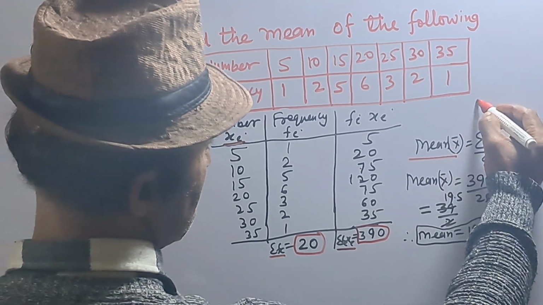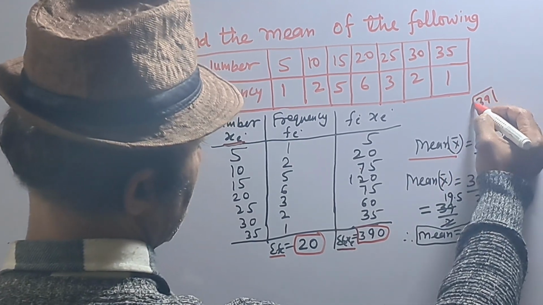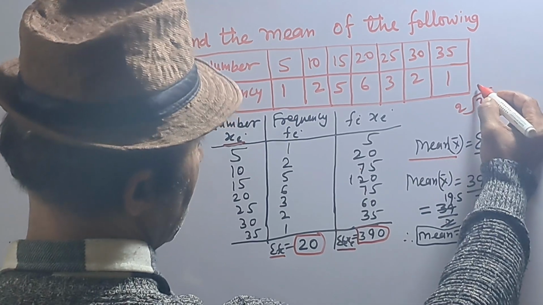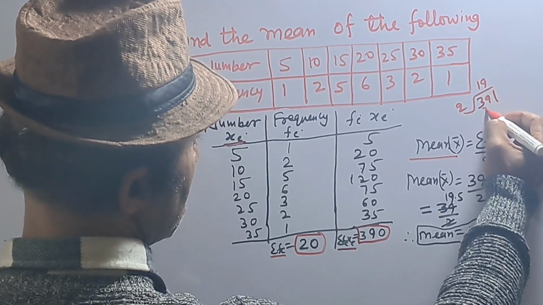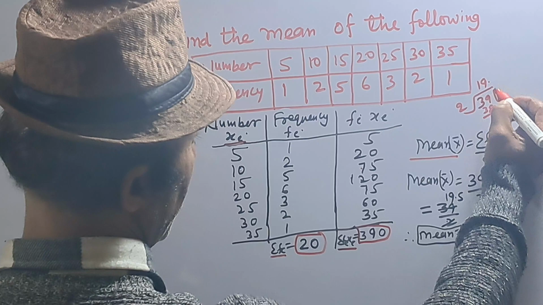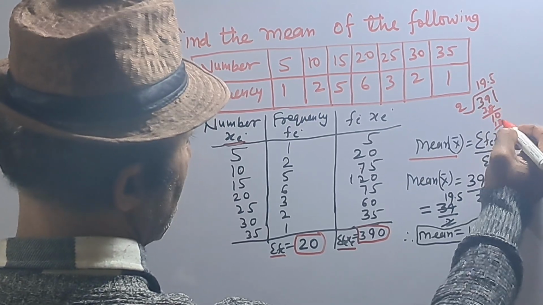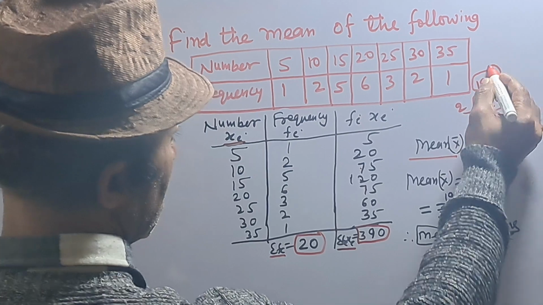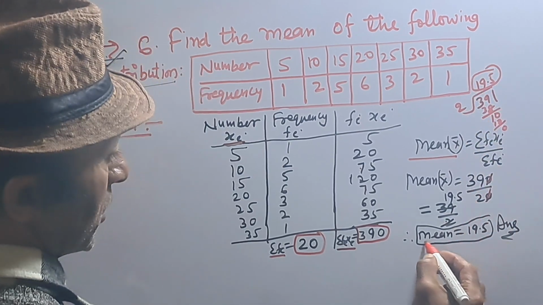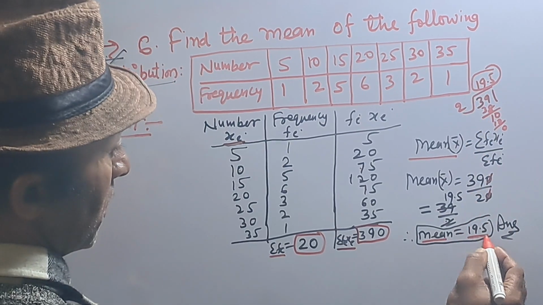So 39 divided by 2. 19 2s are 38. 1.0, 5 2s are 10. So we get 19.5. So mean equal to 19.5.